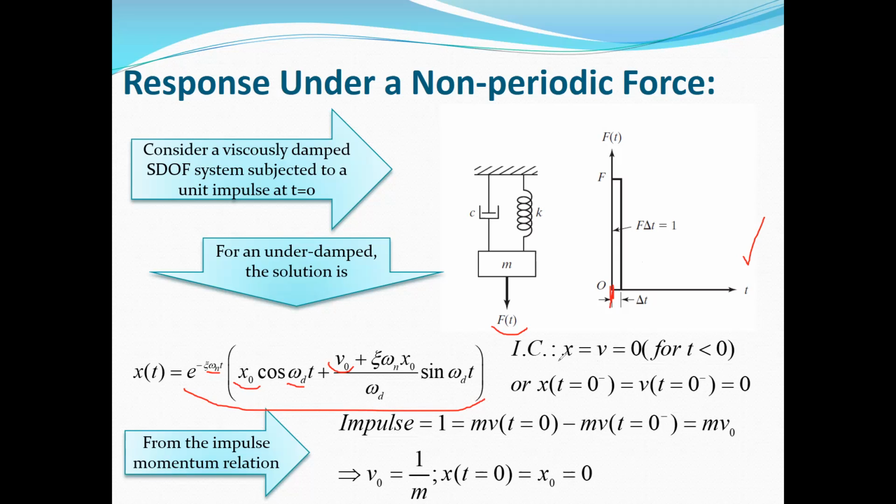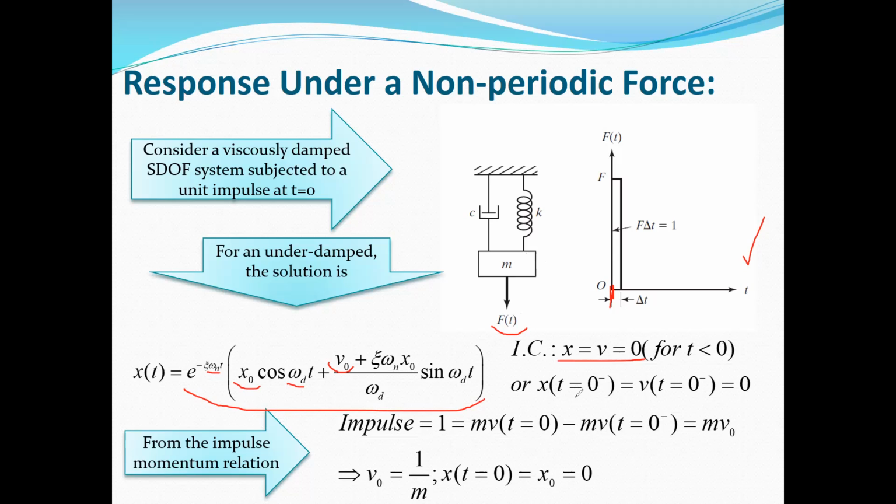So we don't have any displacement or velocity when t is less than 0, or before the impulse. If we assume that the impulse time is the origin of time, then for t less than 0, or for negative time, the velocity and displacement of this mass is 0. In other words, the mass is initially at rest.